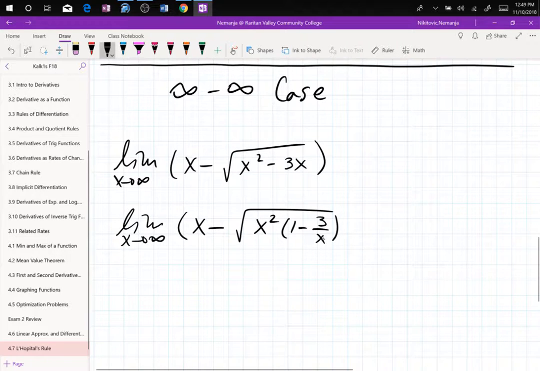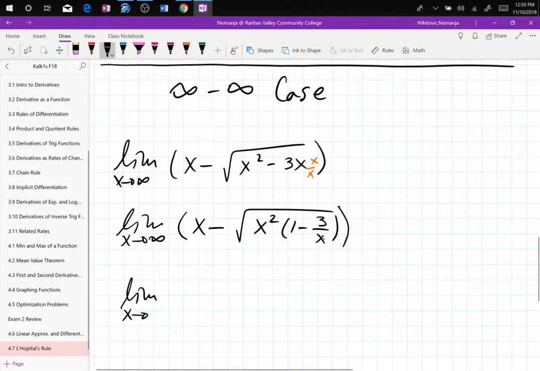Note that the second term does not have x squared, so you have to multiply it by x over x to make it x squared. And that's how you end up with a 1 over x in the denominator. Then you are able to factor out x squared.